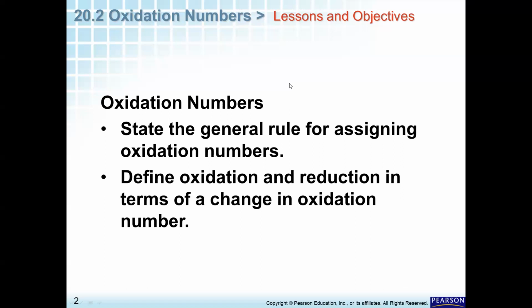First, we will learn how to determine the oxidation number of different atoms in different compounds. Then we'll use that to decide which one is being oxidized and which one is being reduced, based on the increase or decrease in the oxidation number. Again, an increase in the oxidation number is oxidation, a decrease is reduction.